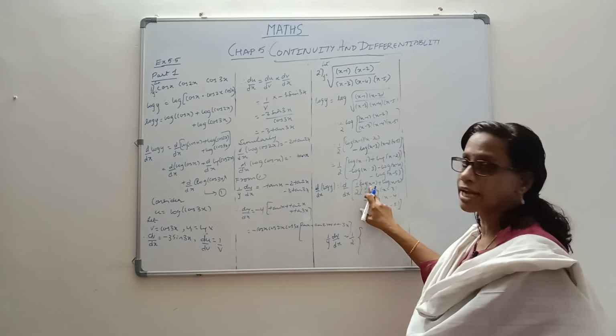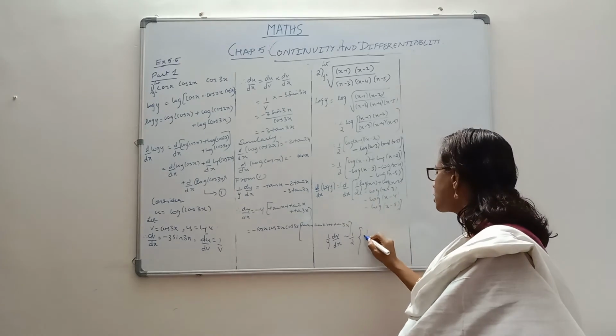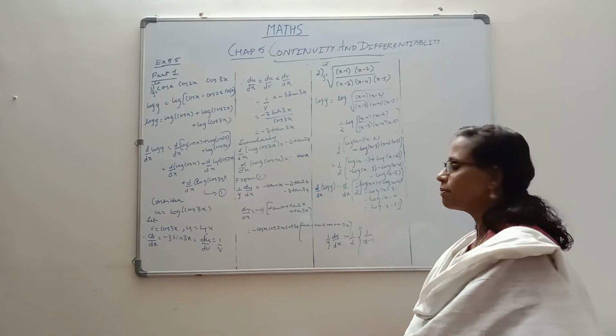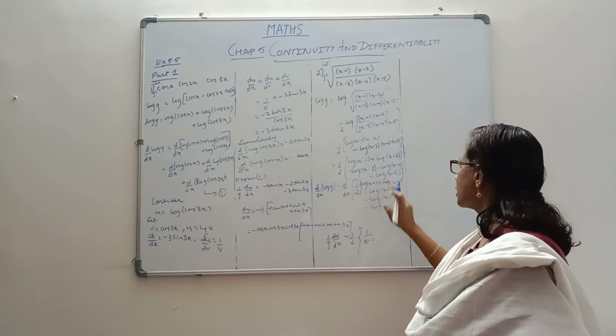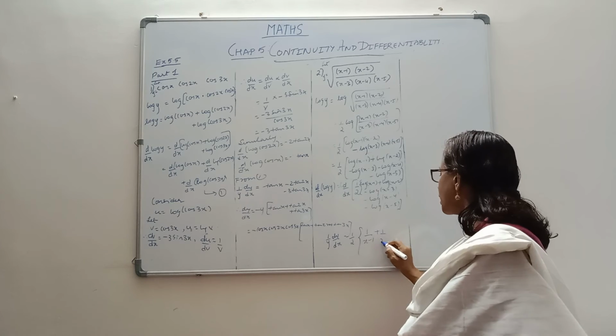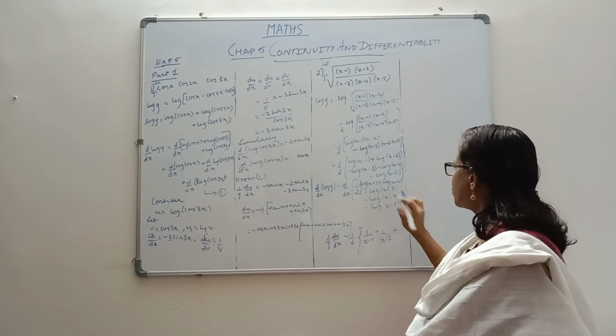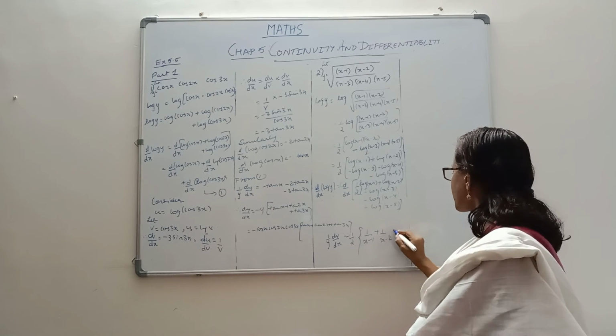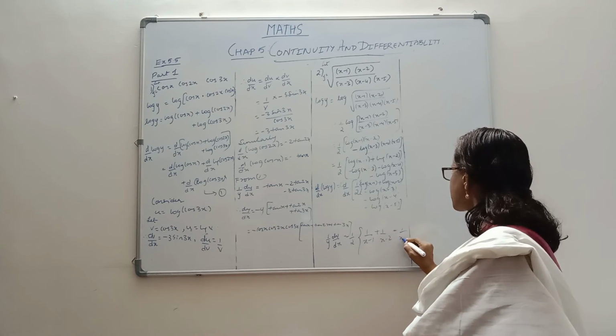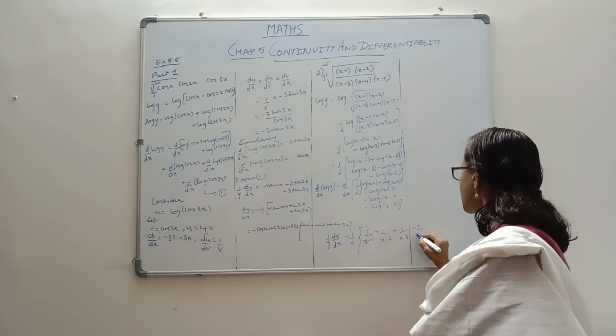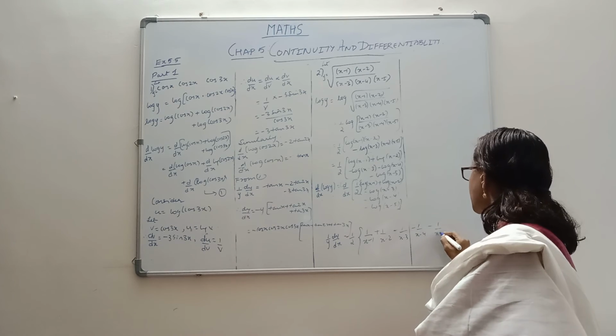The derivative of log x minus 1 is 1 by x minus 1. The derivative of the next term is 1 by x minus 2. Then minus 1 by x minus 3, minus 1 by x minus 4, minus 1 by x minus 5.